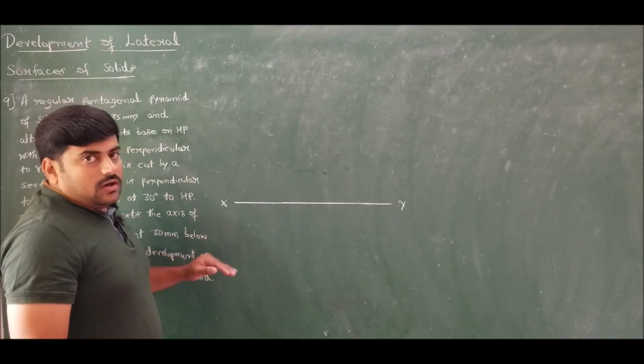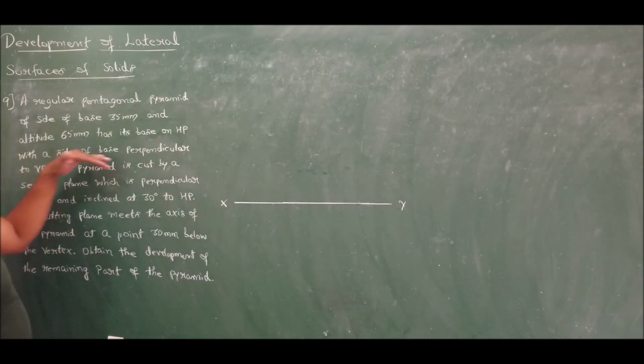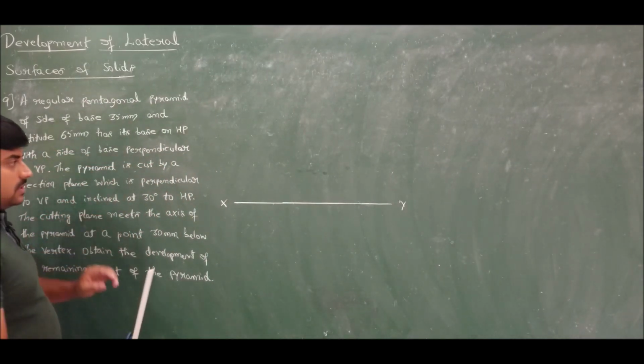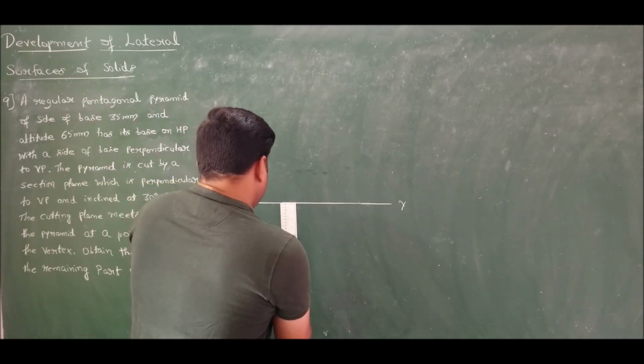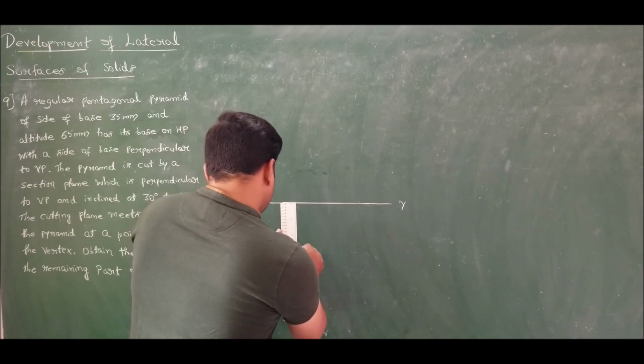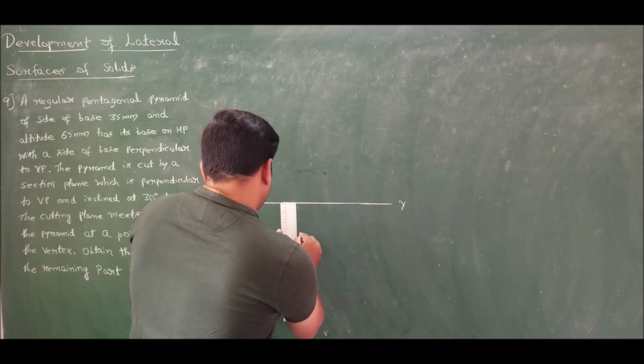Now I cannot draw just any pentagon, because it is clearly stated that a side of the base is perpendicular to VP. So first I will draw a side of the pentagon which is perpendicular to VP. The base side is 35 mm.